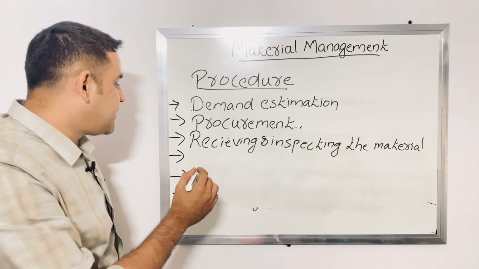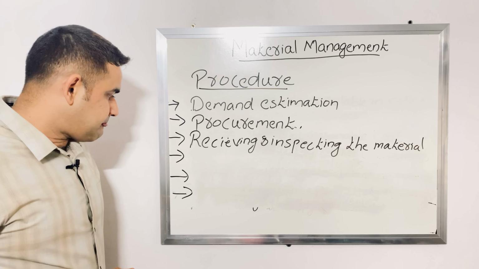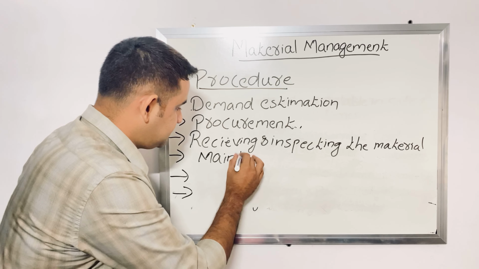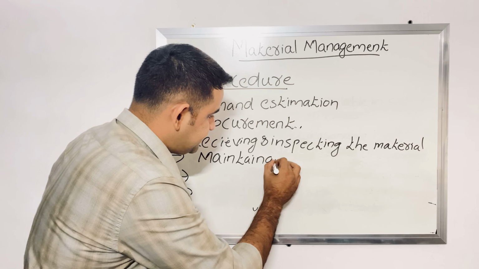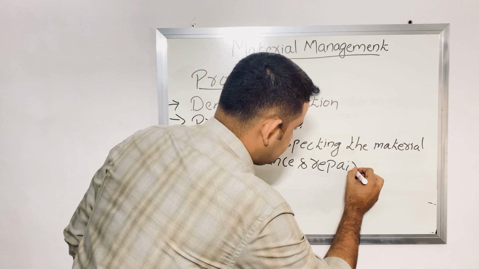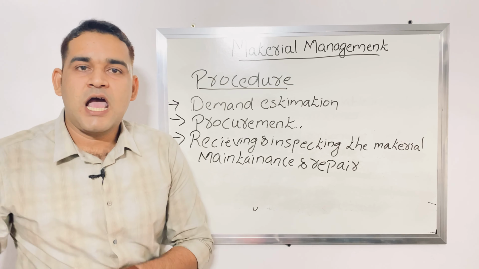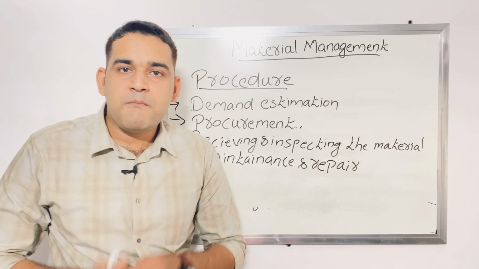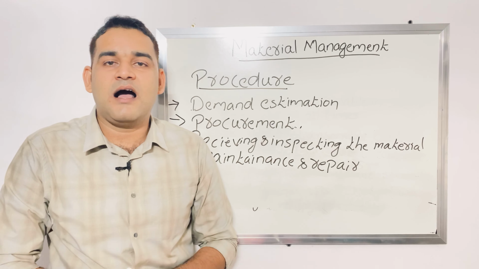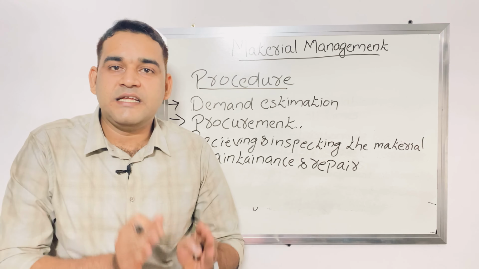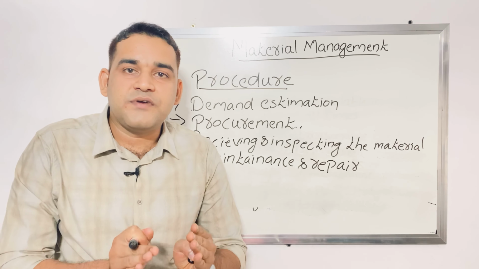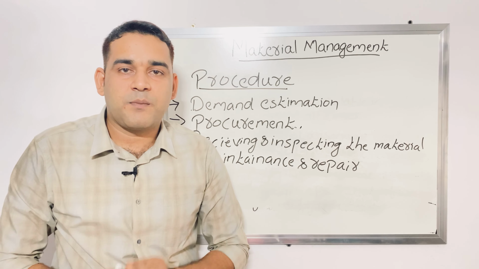The fourth step coming under the procedure is maintenance and repair. Here, same as the element of material management, we have to do the maintenance, proper service of the material, proper service of the item.